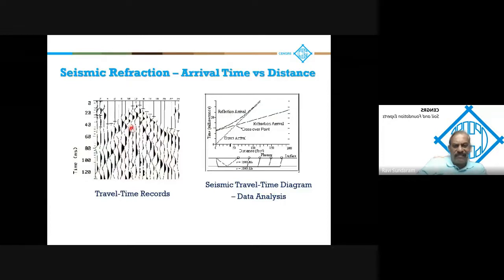So this is the travel time records, and if you were to plot the time on this axis and the distance along the other, you can see here that there would be a change of slope as a wave enters from one layer to the other. So that crossover point is then correlated to the depth of the layer.